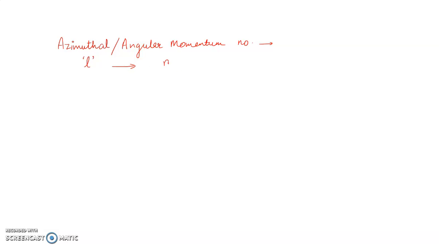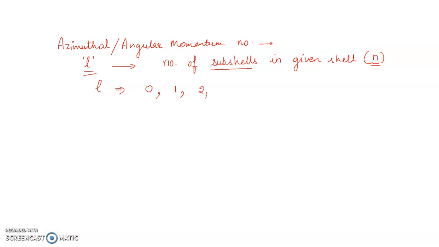It represents the number of subshells in a given shell, or we can say for a given value of n, how many subshells are there, that is determined using this quantum number L. Now the L value can be 0, 1, 2, 3, 4 and so on.